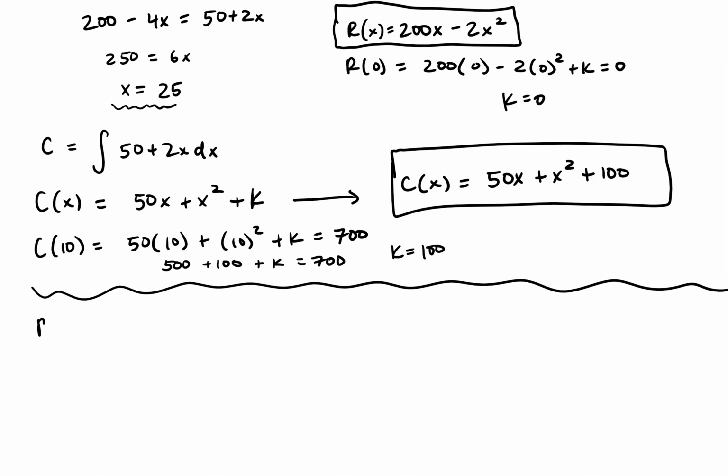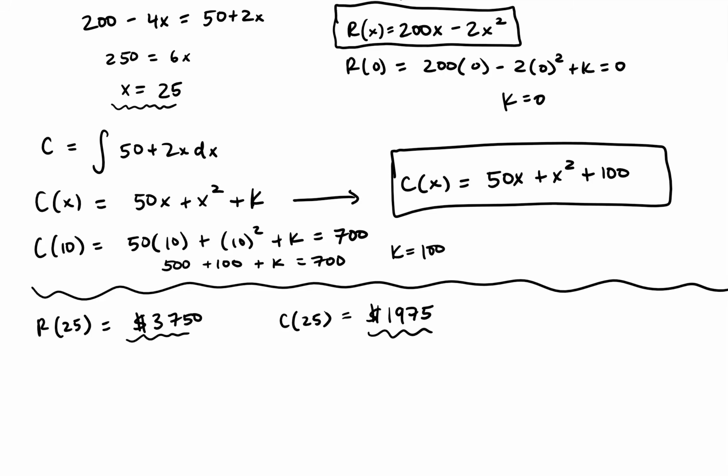So I want to evaluate R of 25 and C of 25, and R of 25 gives you $3,750, and then the cost of building 25 computer desks is $1,975, and the revenue is in fact greater than that.